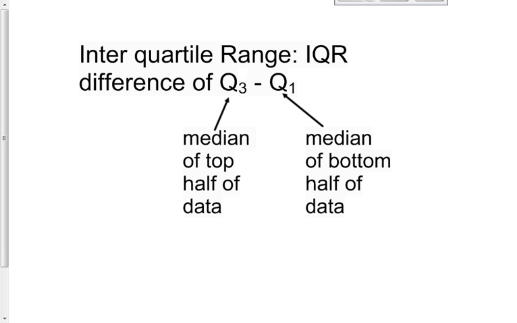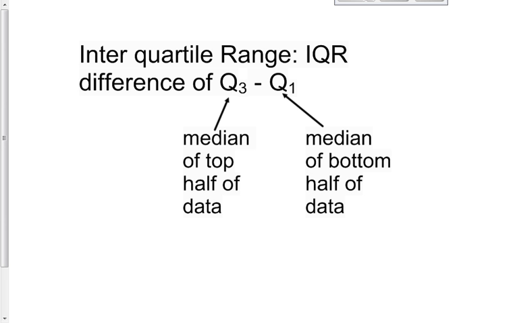Sometimes they add a third measure of spread in, and that is called the interquartile range, abbreviated IQR. That's the difference between the Q3 minus the Q1 value. Now we're going to talk about this more at length tomorrow when we talk specifically about a box and whisker plot.